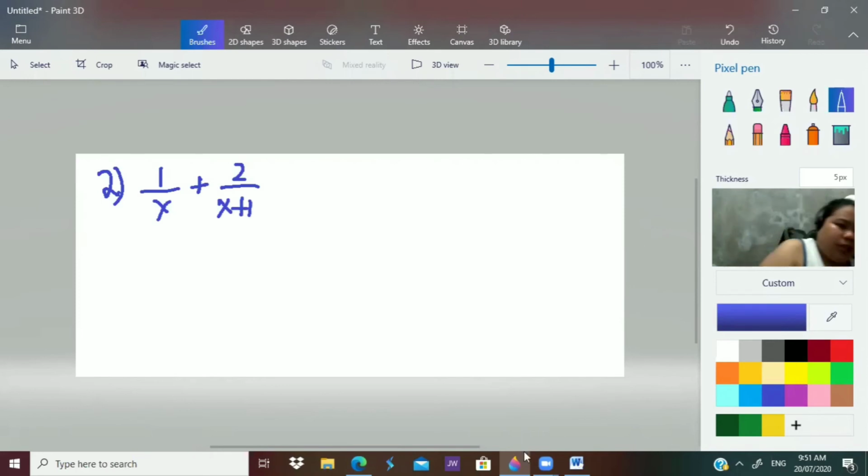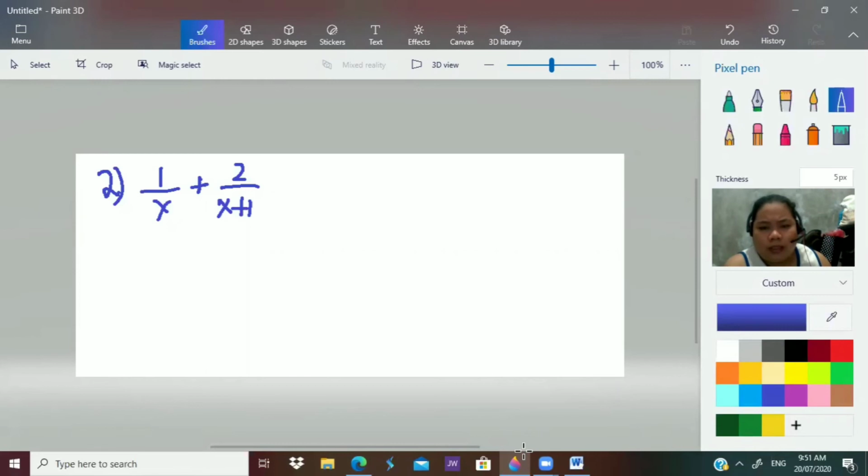Ngayon, kung mapapansin ninyo, ang given natin ng denominators ay totally magkaiba. Hindi katulad kanina, may similarities, may isa sa kanila mag-a-adjust. Ngayon, dahil yan ay totally magkaiba, parehas silang mag-a-adjust.